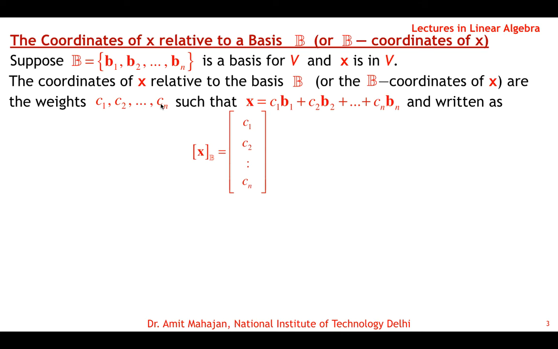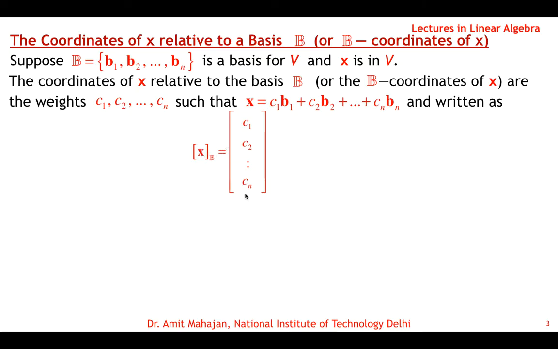These weights are called the B coordinates of x, such that we can write x as a linear combination of b1, b2, bn, and we write the B coordinate of x with this symbol, x in square brackets with the basis symbol B in the subscript.